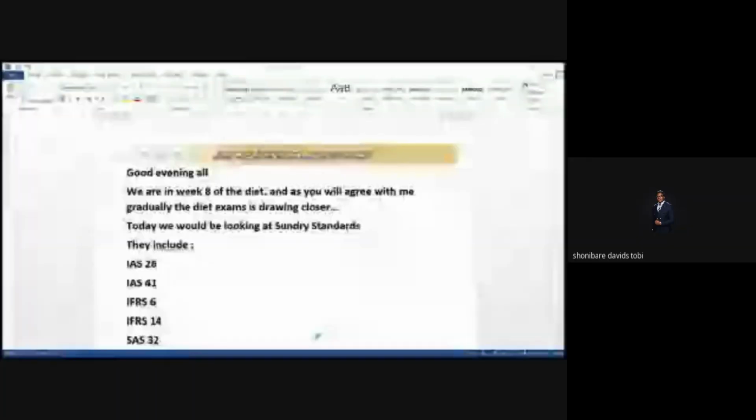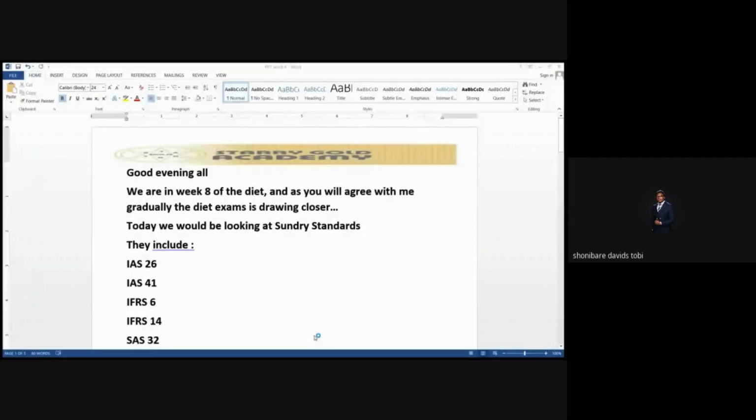Let's get that quickly. Sorry, I can't display your screen. I don't know what's happening. So once you can see my screen, just go to the chat box and give me 222. Please, once you can see my screen, go to the chat box.